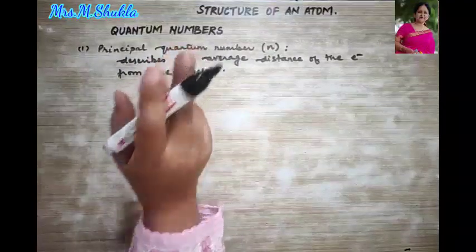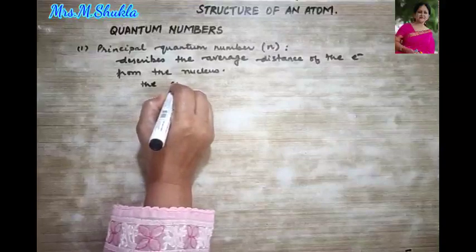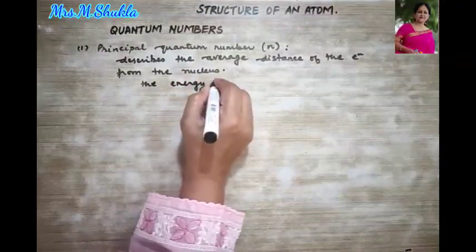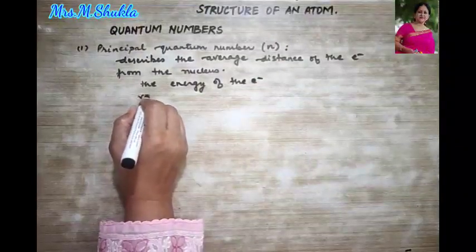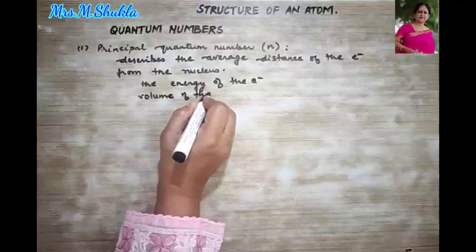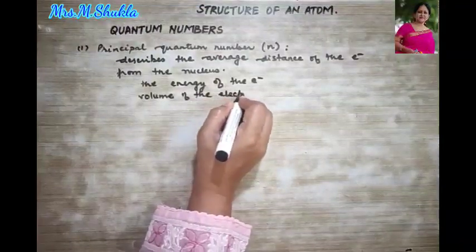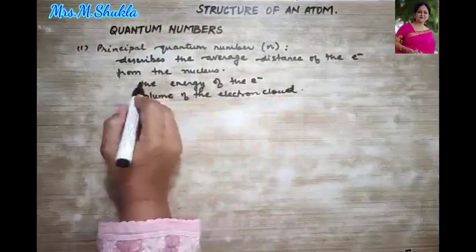What did I say? The energy of the electron and the volume of the electron cloud depend upon what?